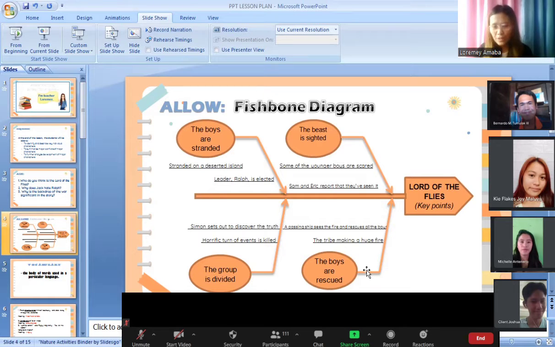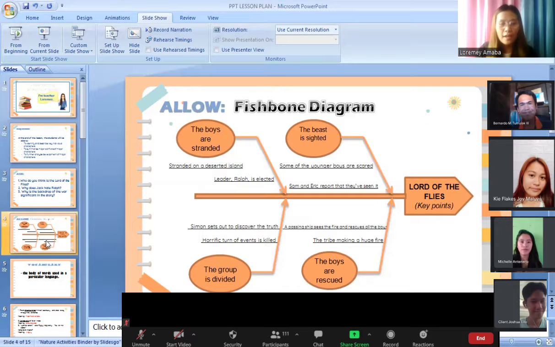Jack and his tribe try to hunt Ralph down and attempt to smoke him out by starting a huge fire. But a passing ship sees the fire and rescues all the boys. Ralph is saved from certain death, and the rescuing officer chastises the boys for not behaving in a British manner. All right.